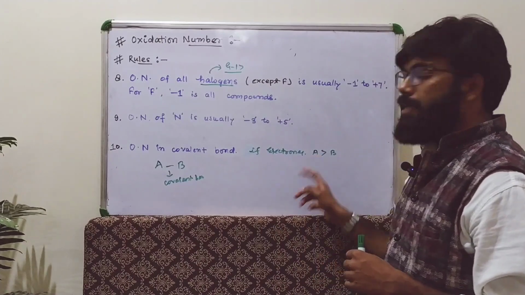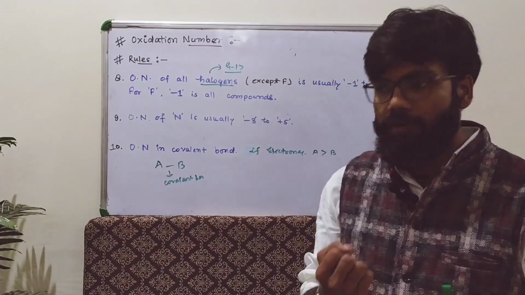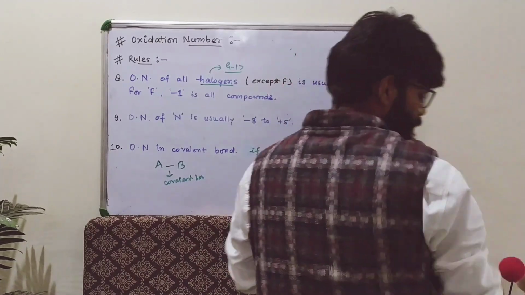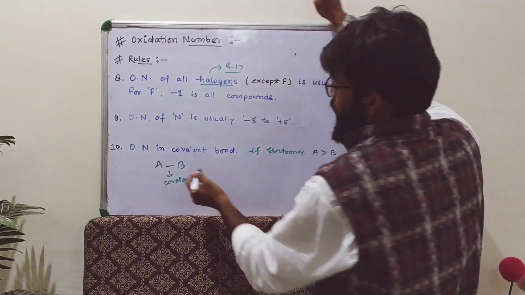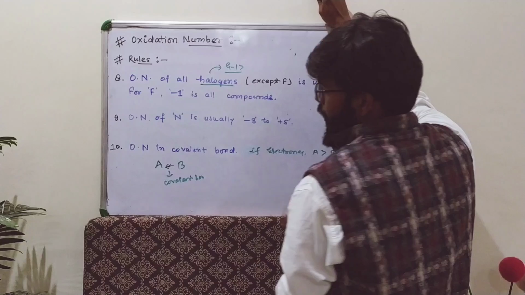So if A has the higher ability to pull electrons toward itself, then electrons will be shifted towards the A atom.